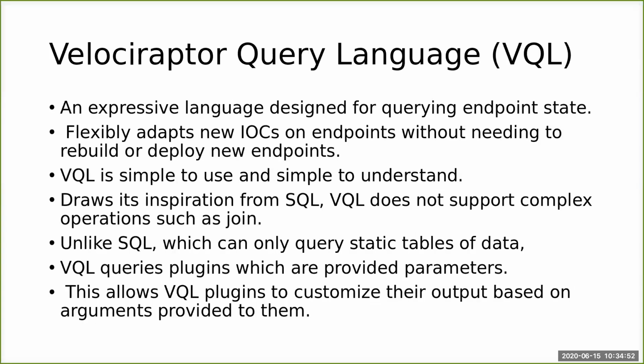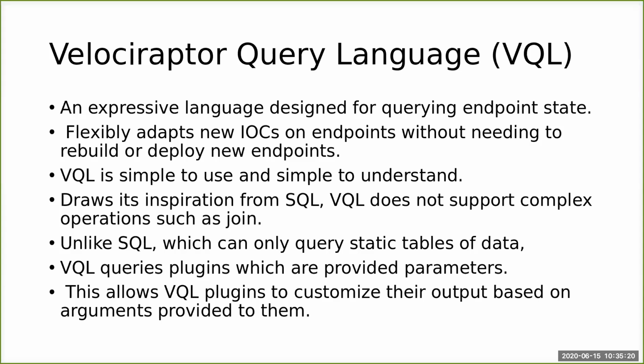Velociraptor also has a query language, which we touched on briefly. It's an expressive language for querying endpoint state. It adapts to new IOCs, and it's simple to use and simple to understand. It's like SQL, and you can create your own.